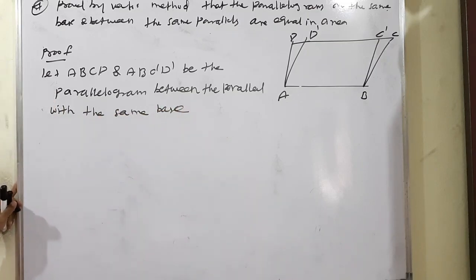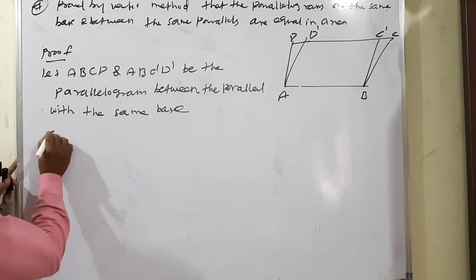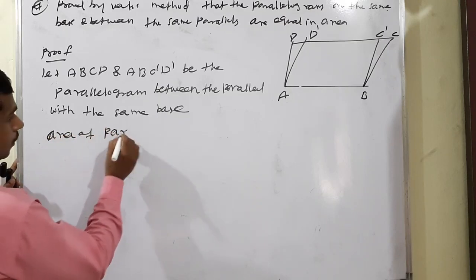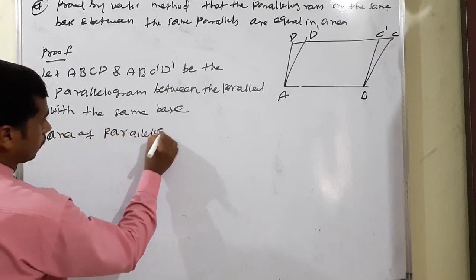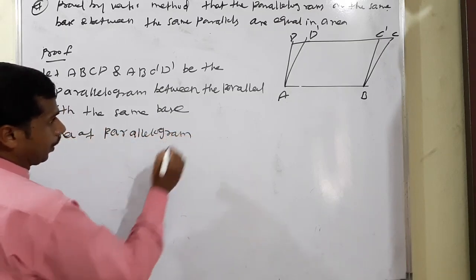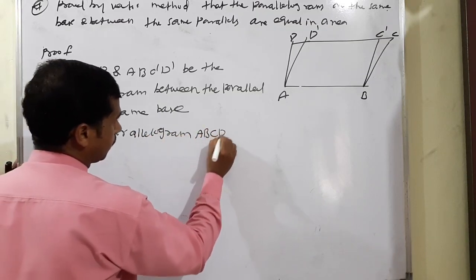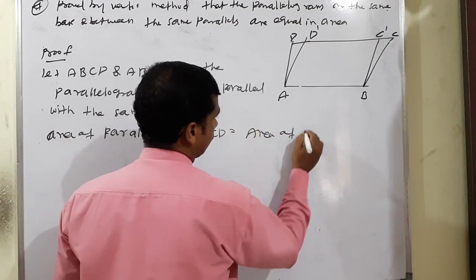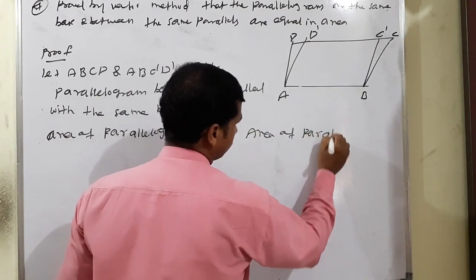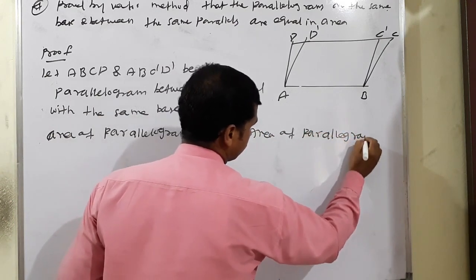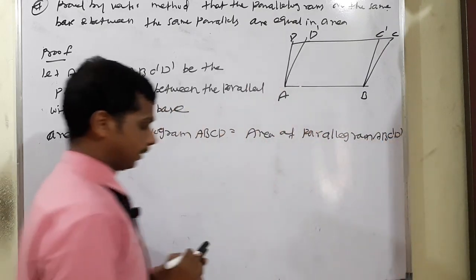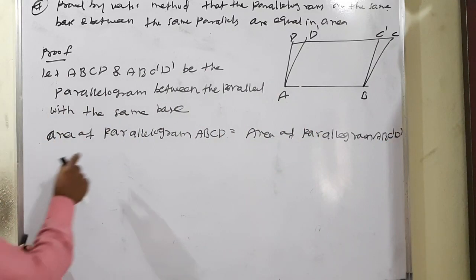That is one of the conditions. Now we have to show that the area of parallelogram ABCD is equal to the area of parallelogram ABC dash D dash. I am moving to the first condition.